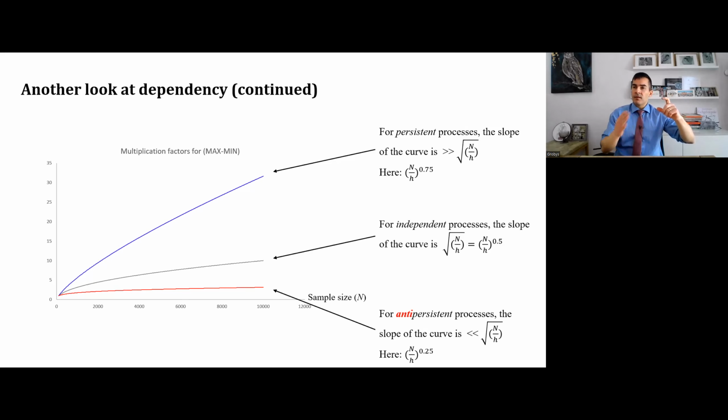If the process is independent, the maximum range for 6,500 observations would be less or equal to 160, because the multiplication factor is 8. Here, it would be much less, in the neighborhood of 4.